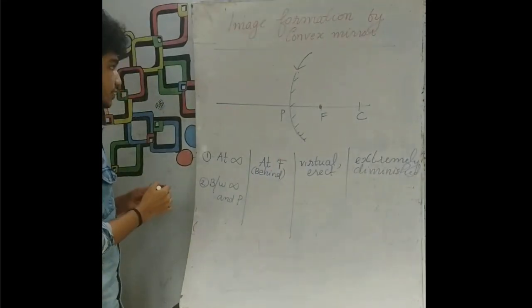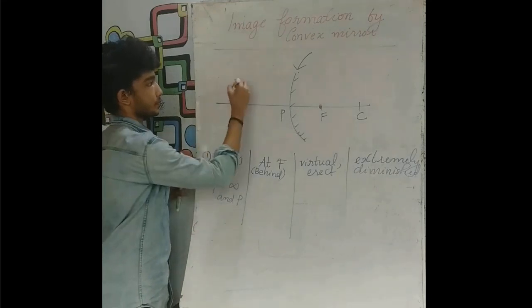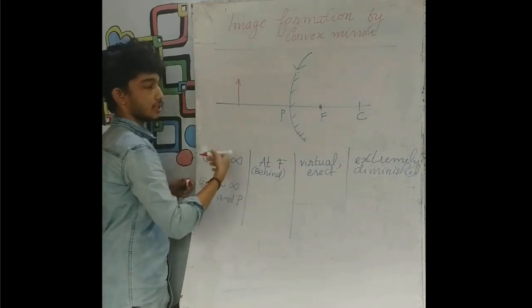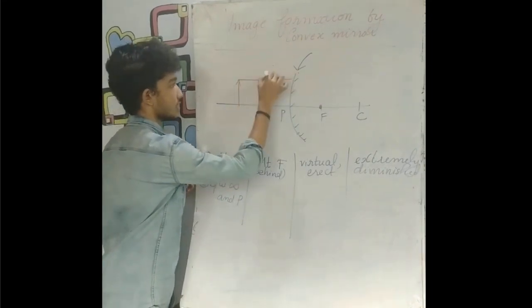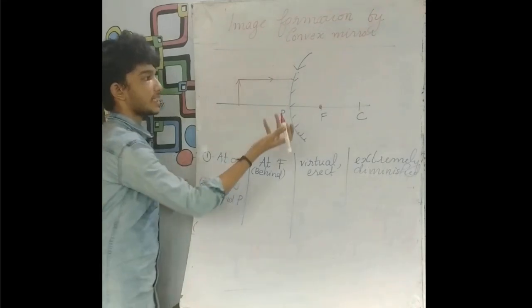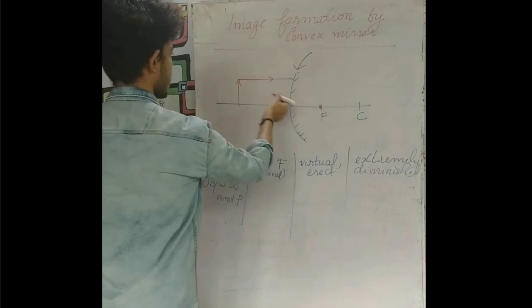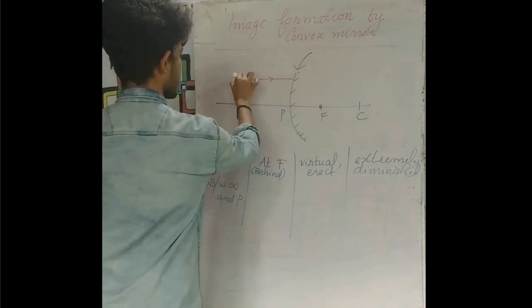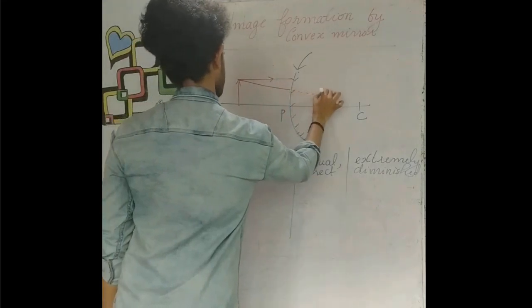And in the next case, we are placing the object between infinity and the pole. This is our object. Let us consider two rays. Let the first one be passing parallel to the principal axis, and the second one be oblique, coming towards the center of curvature.